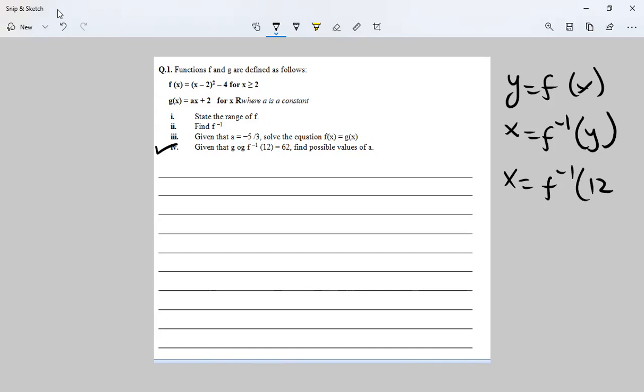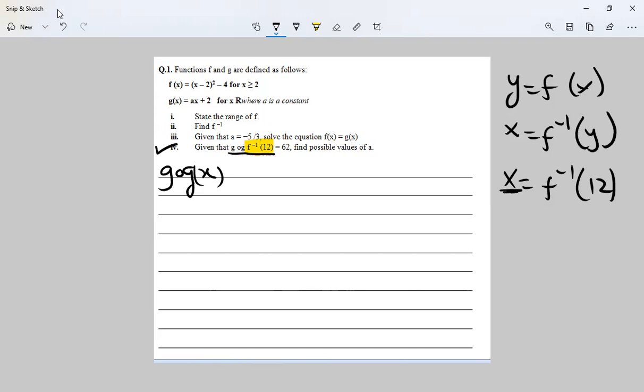If you see the number 12 very critically, it means that this expression will become g of g f inverse of 12 is equal to what? x. This is the basic trick that you need to follow.